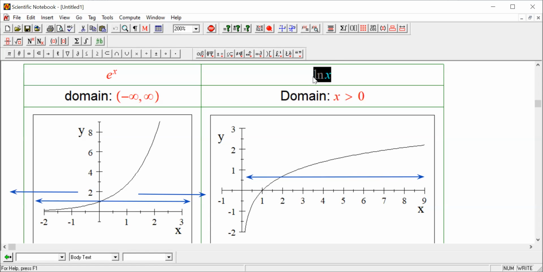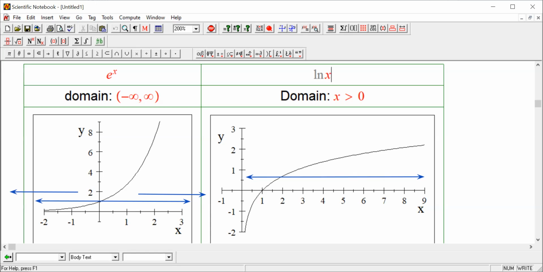For e to the power x, the input goes from negative infinity to positive infinity, which indicates the horizontal span. For the other one, the input is x, since it's in the position of input, so it's from larger than 0 to positive infinity. The curve will never touch the y-axis. That means x will never be 0. x must always be positive for ln x.